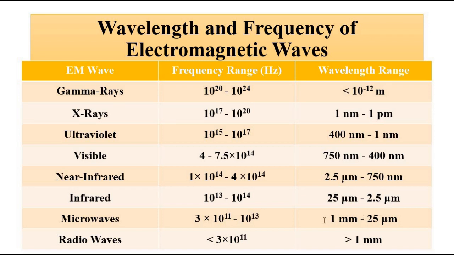Then we have microwaves, 3 into 10 to the power 11 to 10 to the power 13, and here it is 1 millimeter to 25 micrometer. And then the radio waves, which is generally lesser than 3 into 10 to the power 11 hertz, and the wavelength is basically greater than 1 millimeter.